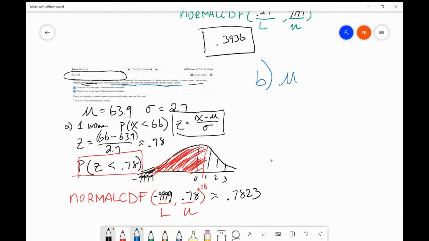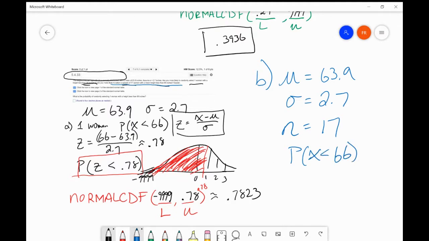Okay, so in part B, these numbers are still the same. The only part that's different now is we're looking at a sample of 17 women. And we want to know if we were to take 17 women, take all their heights and average them up, would that group have a height less than 66? So now we're going to say, what's the probability that X is less than 66?